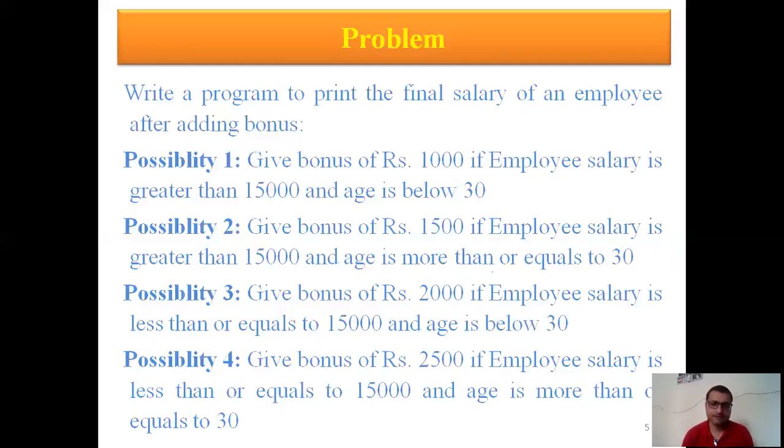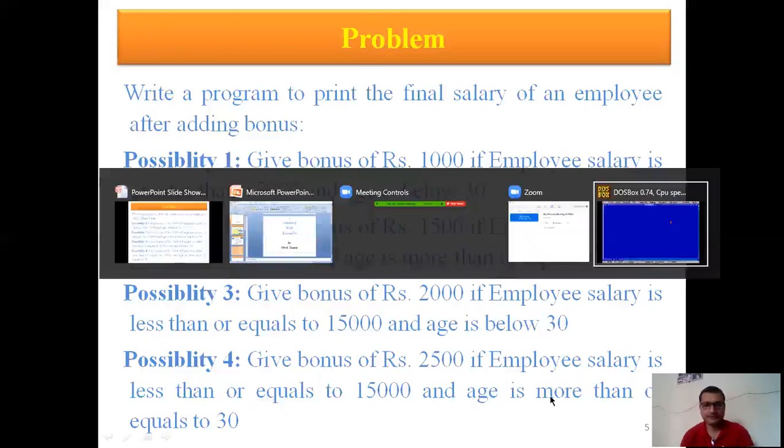If the employee salary is less than or equal to 15,000 and age is below 30, we are going to give a bonus of 2,000. And if salary is less than 15,000 and age is greater than 30, we are going to give a bonus of 2,500 rupees, right? Okay. So as usual, we are going to implement this, right?